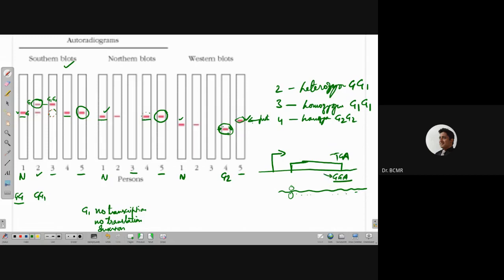So it will translate until the next stop codon comes. That means the protein produced is larger than the normal size, because of which its mobility is less than that of the normal one. So there is a possibility that the stop codon became a sense codon, and because of which it might have gone further.